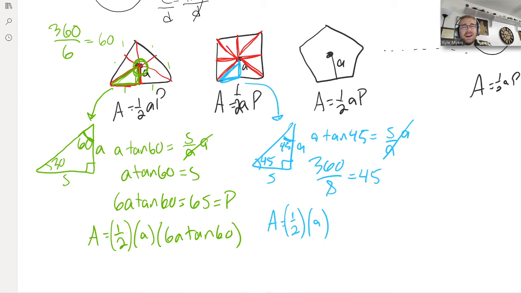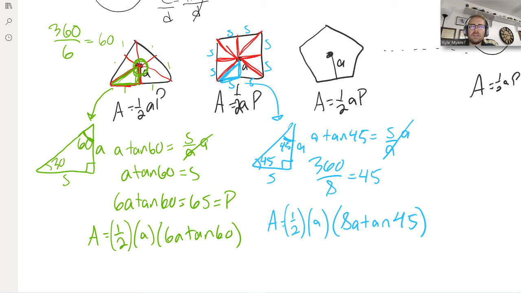I multiplied the side by 8 because there's 8 of those sides, 1, 2, 3, 4, 5, 6, 7, 8, to get the perimeter. So 8A tan 45 is what I would multiply by. So you kind of see a pattern here, right? It's always going to be 1/2 times the apothem times either 6 or 8, A, and then tangent of something. And it seems like that something gets smaller each time.